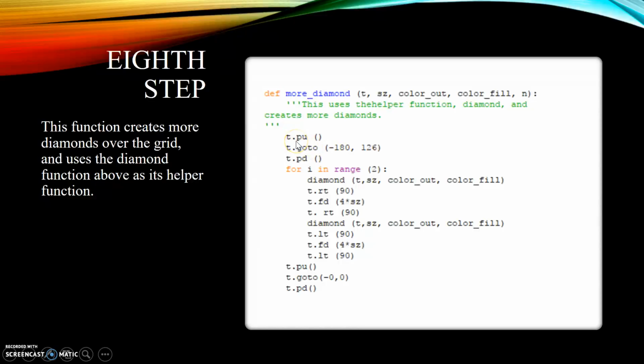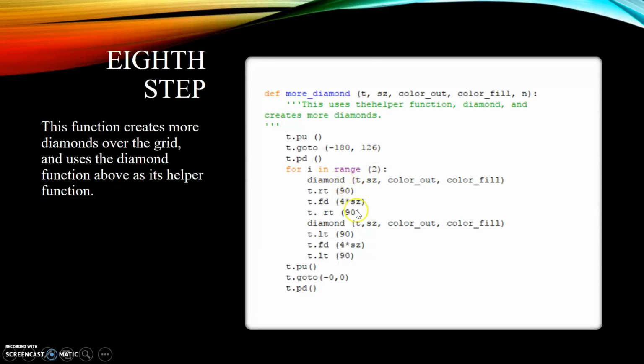So we're always positioning the turtle after each and every function, we reposition it so that it can work smoothly and repeat itself each time without giving us any problems. And so we put the pen up, we go to this position, and we put the pen down. And then we draw the diamonds twice.